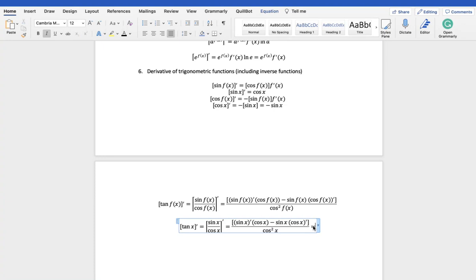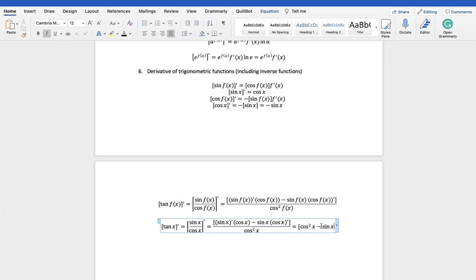Referring back to our original derivatives for sine and cos, in the numerator the derivative of sine is cos, so cos times cos is cos squared of x, minus sine of x multiplied by the derivative of cos of x, which is negative sine.